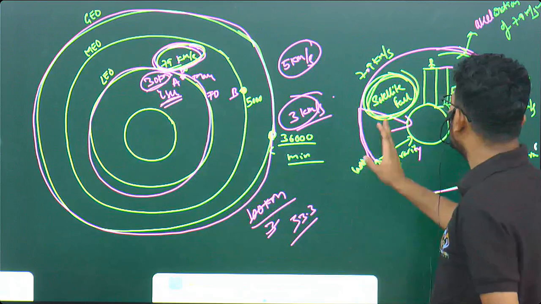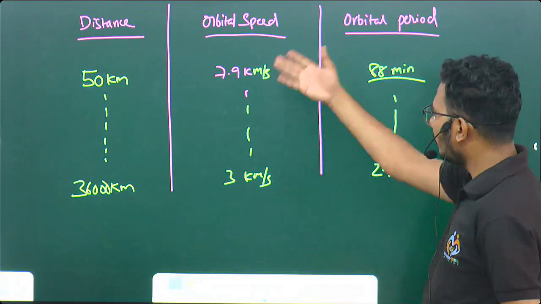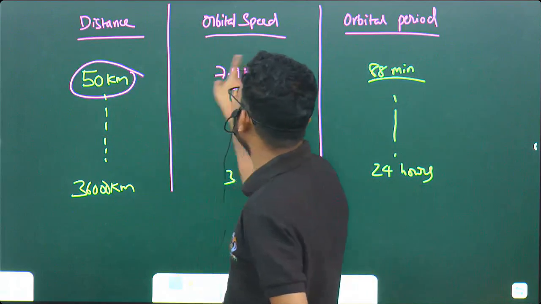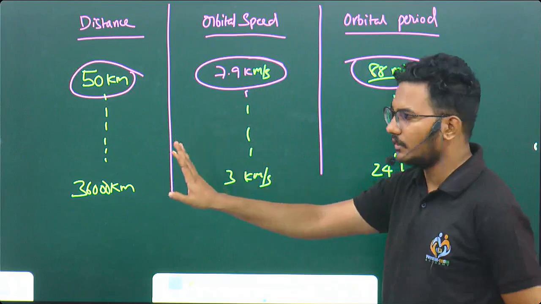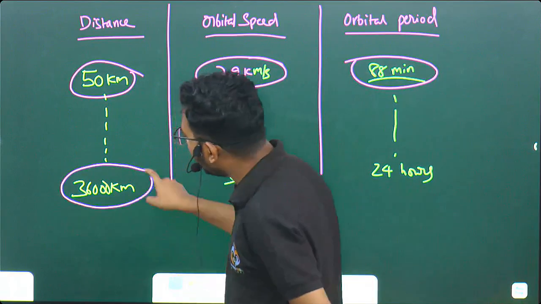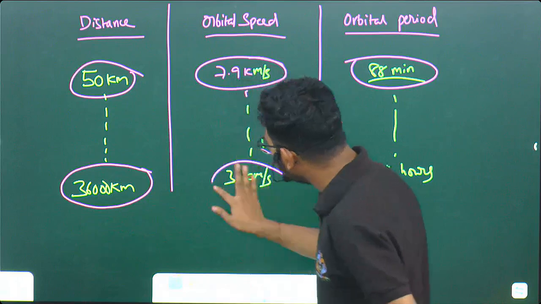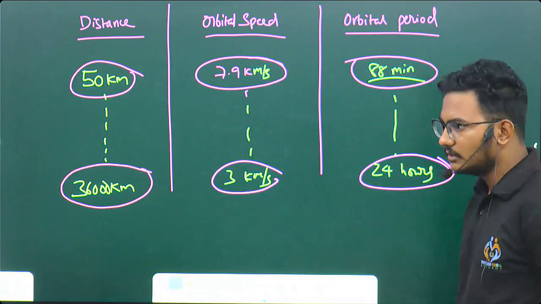So this is your Mains previous year question. And then I told you, close to the Earth's surface we need maximum speed, and it will take less time to cover the orbit. And moving away from the Earth means it needs less speed, and it will take more time to cover the Earth.